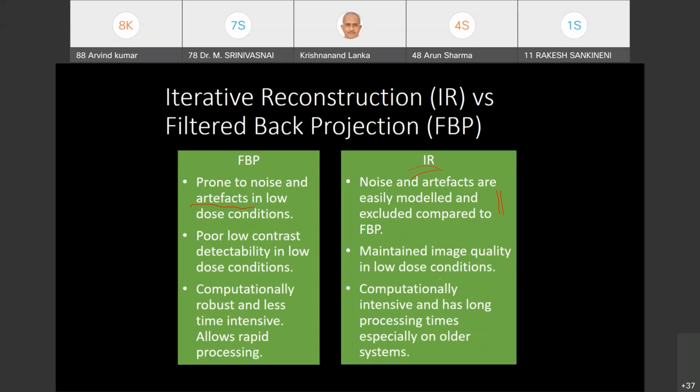You can maintain image quality even in low dose conditions. But it is computationally intensive and has a long processing time, especially in older systems, because you are doing it in an iterative way, right?